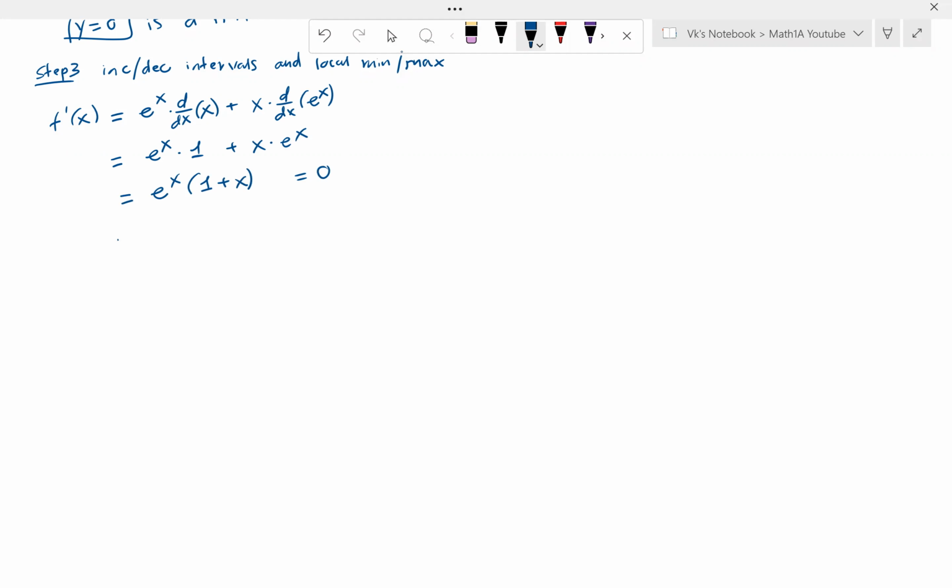We say that e to the x is always more than 0. So that means 1 plus x has to be 0. From there, x equals negative 1.